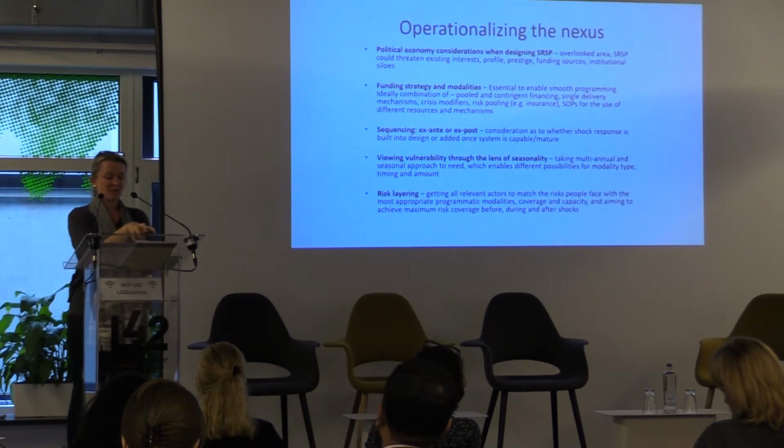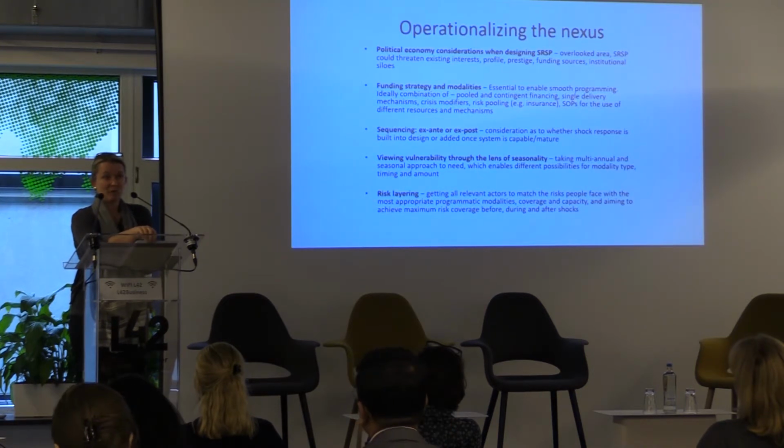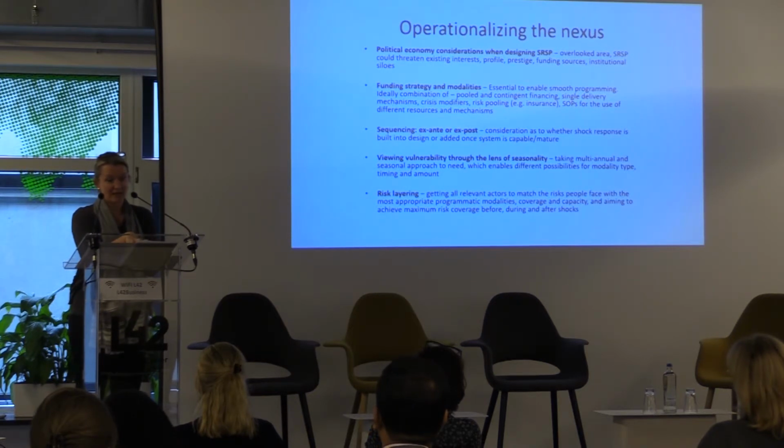Usually we go in and say, okay, at the moment we're all saying cash first, and it used to be food. But when you actually ask people on the ground what they would like to be given, it depends very much on context, but it also depends on seasonal adjustments they have to make. If possible, you could actually give food at one point of the year, assets at another point of the year, and cash at another point of the year, depending on what the food markets and their production look like.